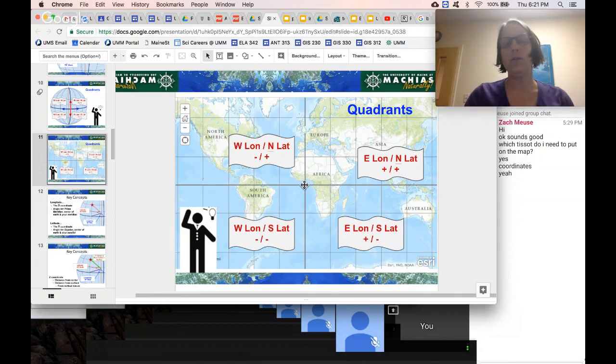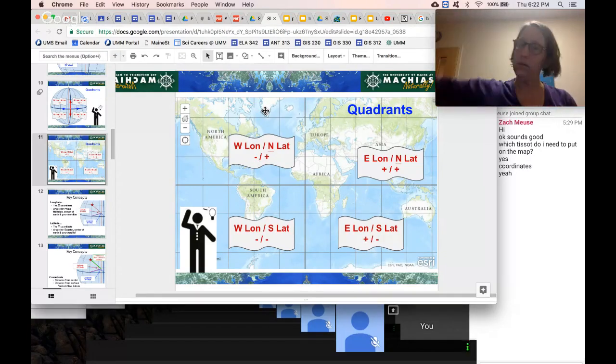So to the right of the prime meridian and the north of the equator, and of course that's most of Europe, you're in positive territory. To the west of the prime meridian is negative longitude. To the south of the equator is negative latitude. We, of course, are in this quadrant. So all longitudes in our hemisphere are negative.